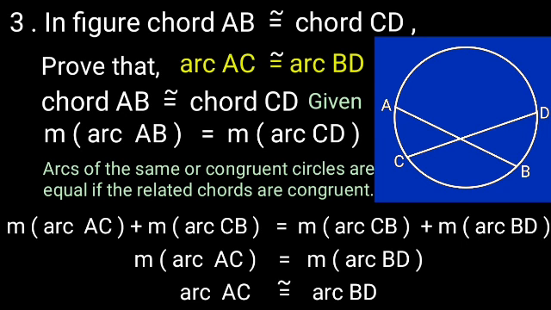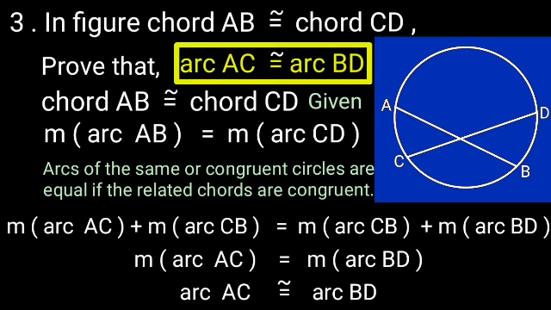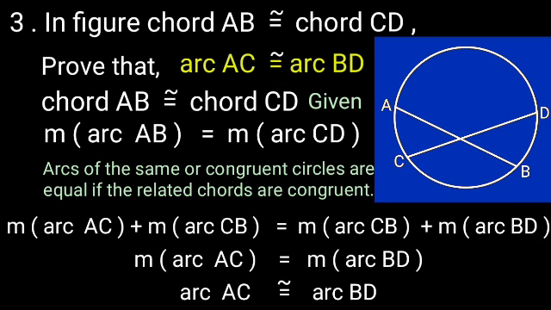Example number 3. In the figure, chord AB is congruent to chord CD. Prove that arc AC is congruent to arc BD. We have been given chord AB congruent to chord CD.